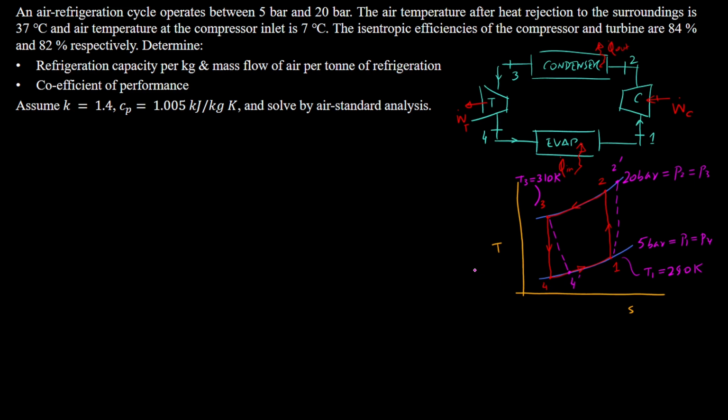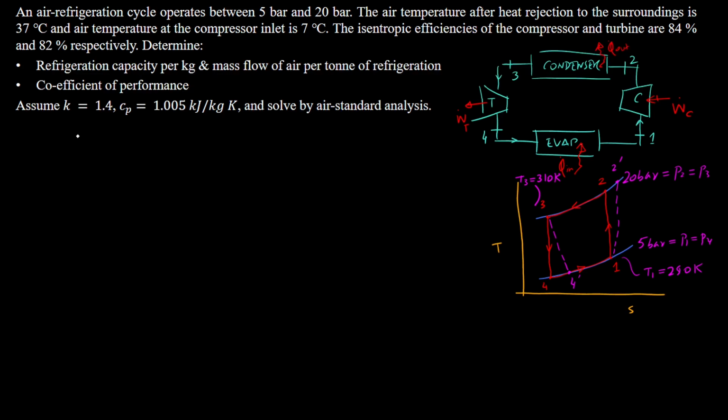So we're applying air standard analysis, and what the air standard analysis means is that we will be using the air data table, which is usually available to us in thermodynamic tables. And other than that, we are going to be applying the relative or reference pressure relationships.